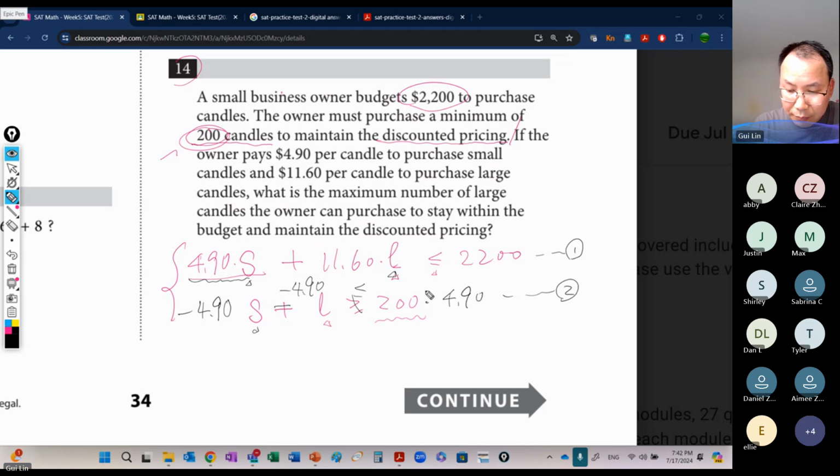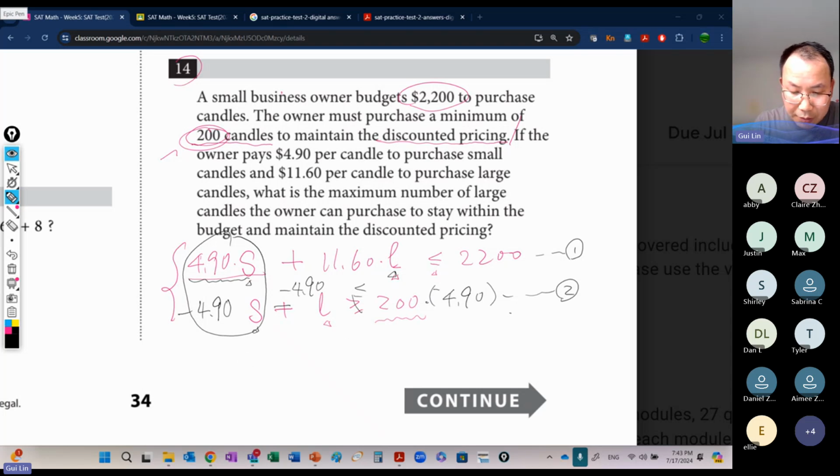Negative 4.90 as well. You can see inequality 1 and inequality 2 have the same direction, both less than. So we can add the first one and the second one and make S disappear: left plus left, right plus right.